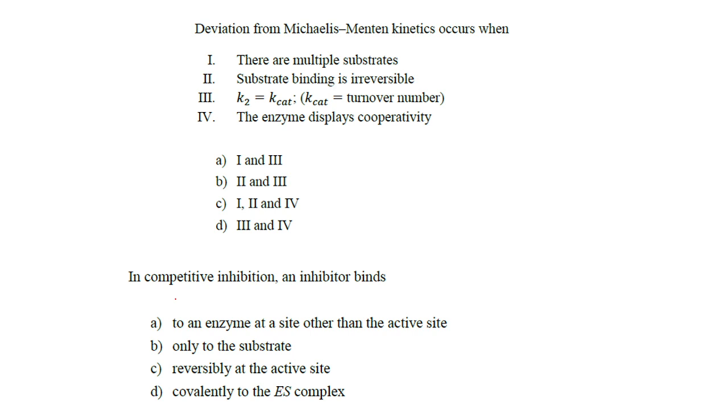Now from the Michaelis-Menten kinetics, what can you actually derive? There are multiple substrates. Substrate binding is irreversible. K2 equals Kcat. The enzyme displays cooperativity.